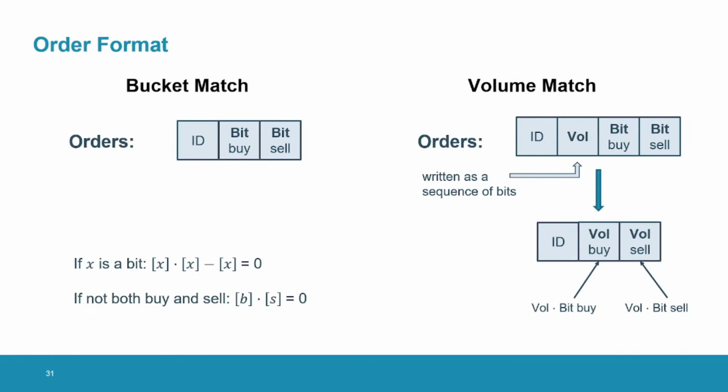Finally, for the volume match orders that pass the check, we will take the sequence of bits representing the volume, use it to calculate the actual volume, and then multiply this volume by both the buy bit and the sell bit, and we will rewrite the orders in this form here. Now, just to note that in the previous work from 2019, the direction of the order was actually public, so only the order volume was hidden, and so this is already an improvement over the previous work in terms of privacy.